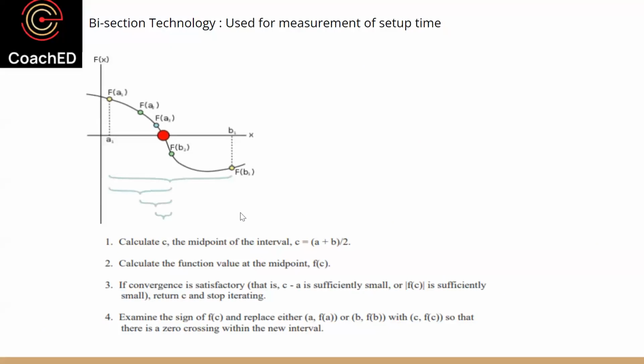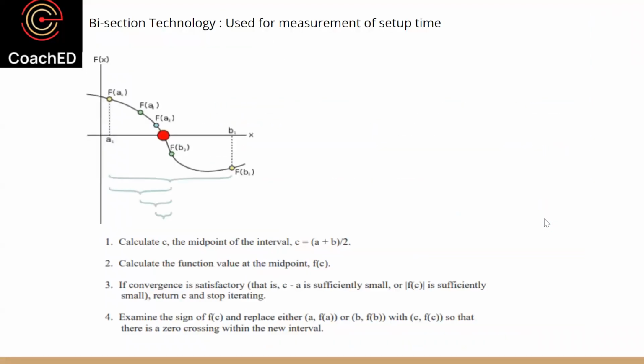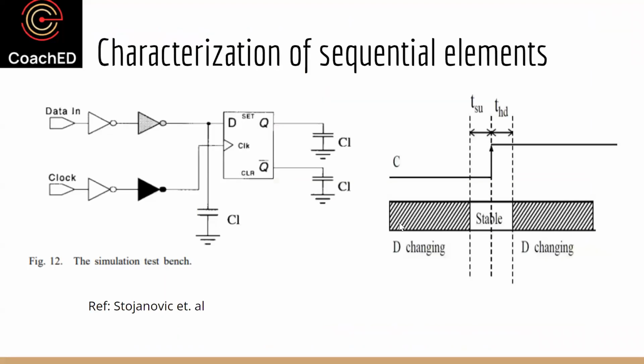So this slide shows an example of how, let's say, a setup arc would look like in a .lib. So setup arc, as we know, is between which 2 pins? Setup is between clock and the data. Both are input pins. If you remember a point I made earlier, a combinational gate only has arcs between its input and output. A sequential element will have 2 sets of arcs.